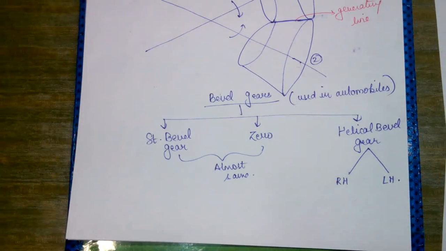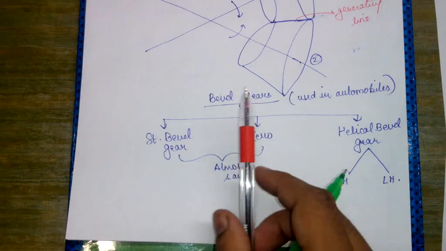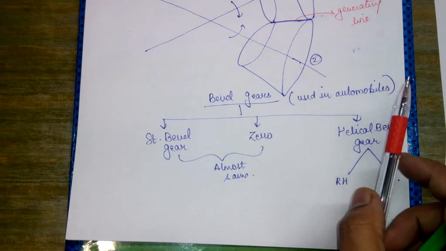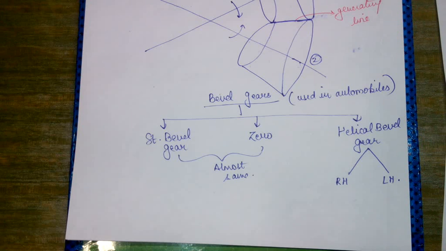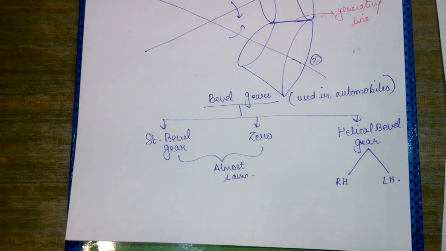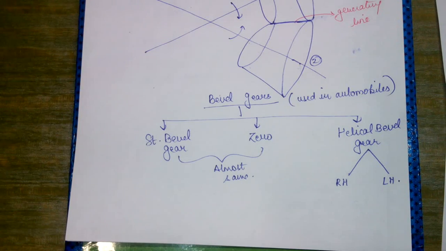Okay, so bevel gear was again classified into straight bevel gear, zero bevel gear and helical bevel gear, and the helical bevel gear is further classified into the right handed and the left handed gears.